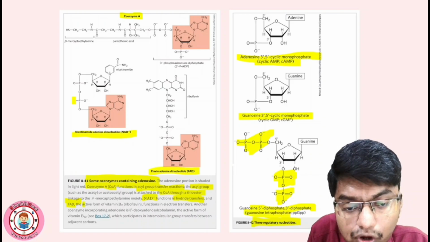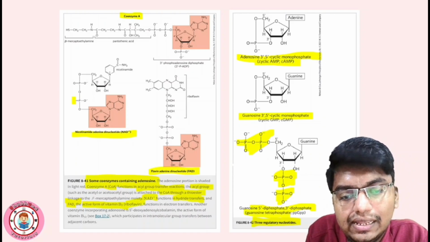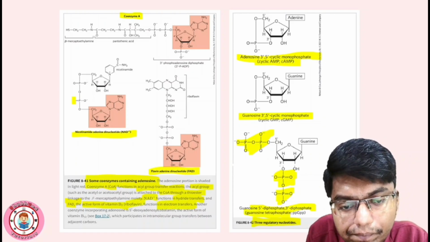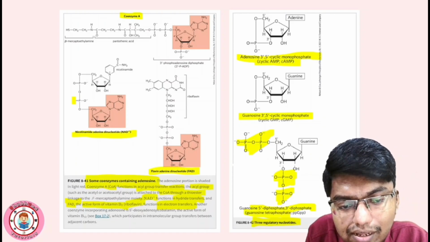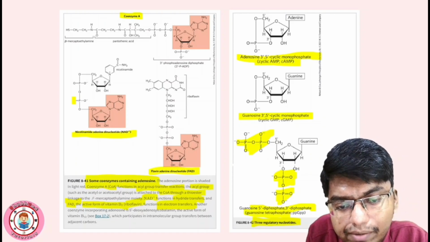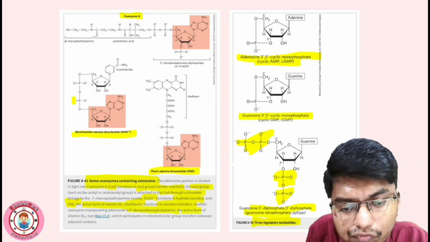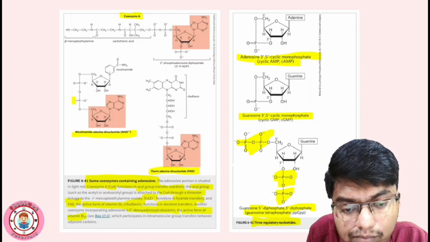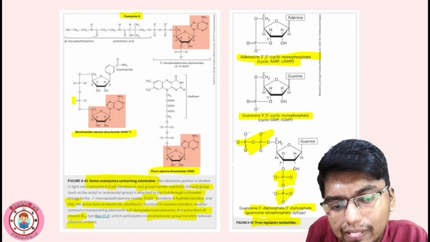FAD, the active form of vitamin B2, riboflavin, functions in electron transfer. Another coenzyme incorporating adenosine is 5'-deoxyadenosyl cobalamin, the active form of vitamin B12, which participates in intramolecular group transfer between adjacent carbons.